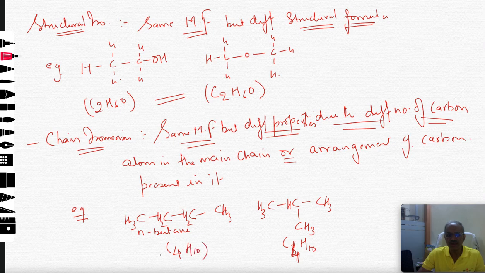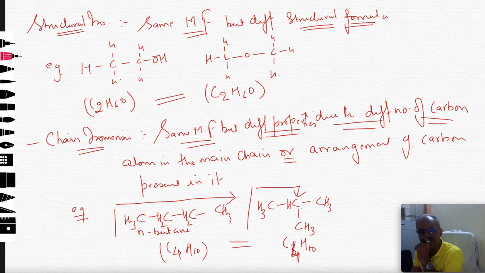Here there is a straight chain, and here there is a branched chain. What do you mean by branched? Branched means whenever a specific carbon atom is attached to at least 3 different carbon atoms.